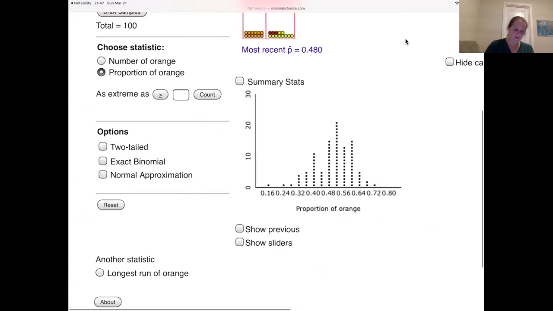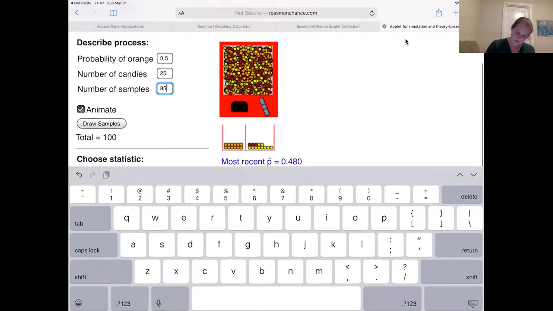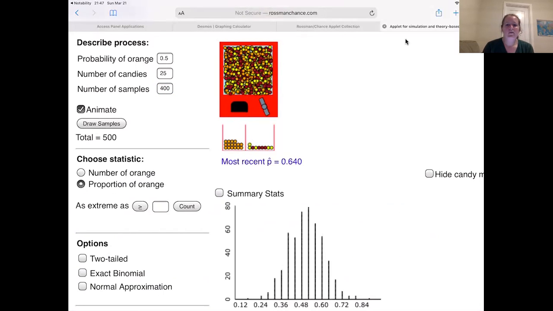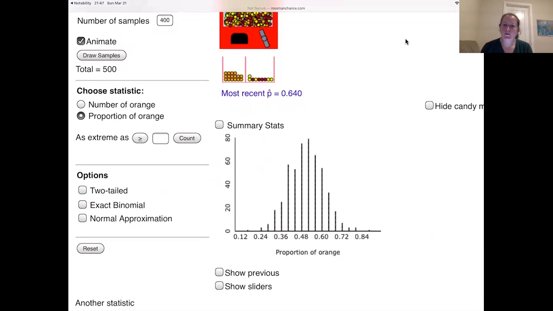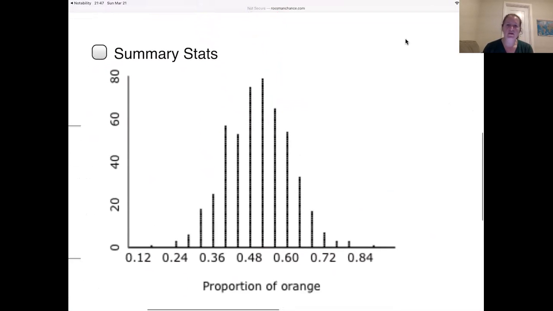Now let's go ahead and add a bunch more. So now we have 100 samples. Let's add 400 more samples. And now our dot plot is much more intense. It's hard to distinguish the individual dots.